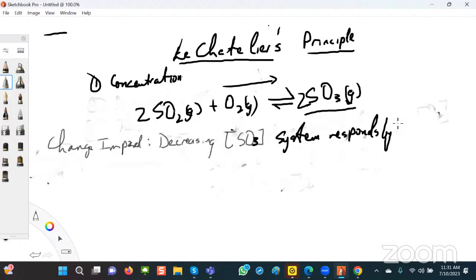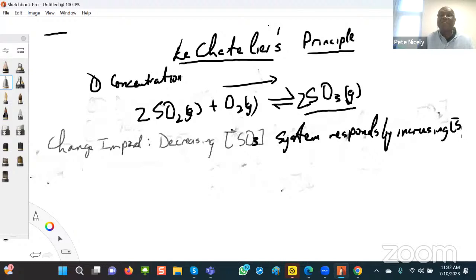Increasing the concentration of SO3. Exactly, increasing the concentration of SO3. So how would that be achieved? How will the system increase the concentration of SO3? In other words, which direction favors the formation of SO3?